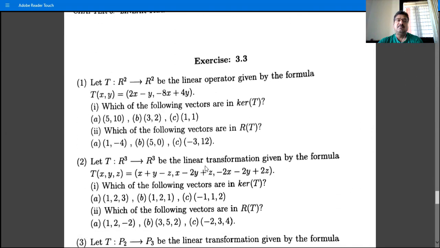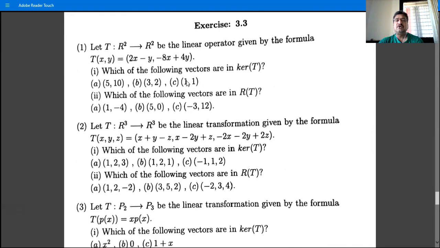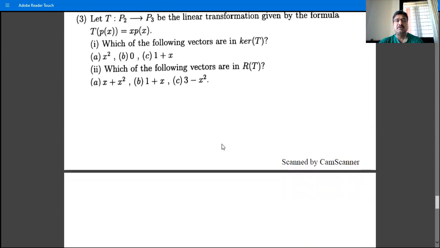So these are problems of the same type: which of the following vectors belongs to the kernel of T, or belongs to the range of T. Solve all these problems.